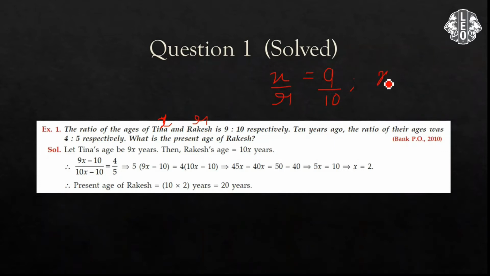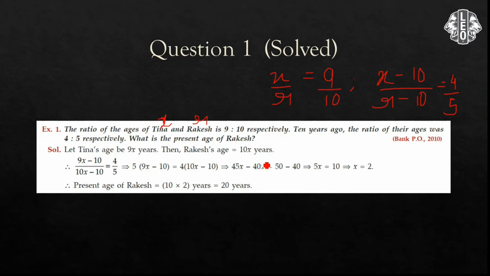So just subtract: X minus 10 divided by R minus 10 is equal to 4 by 5. It's as simple as that. You just need to solve it.